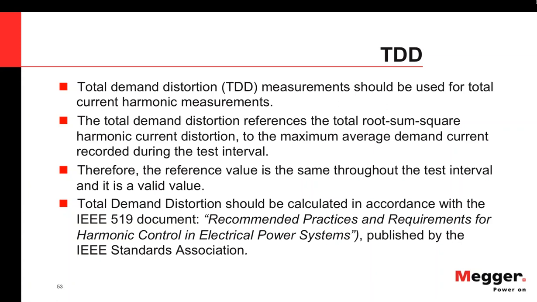So what we recommend, and what IEEE 519 recommends when you're looking at total current distortion, is to look at what's called total demand distortion. Total demand distortion refers to the total root sum square of the harmonic current distortions, but instead of being averaged to the current value at the time the measurement is taken, we look at the entire recording interval, and we pick the maximum average current that was drawn during that interval and use that as a reference throughout the entire test.